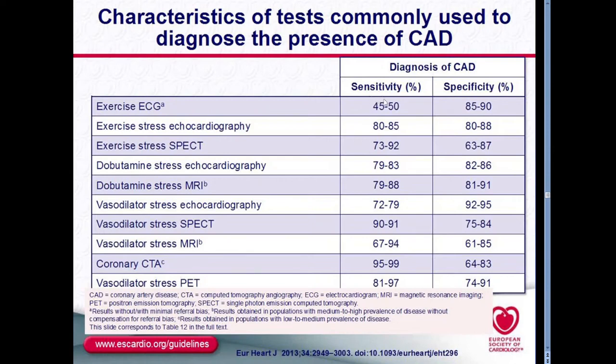It is the ability of the method to reveal some particular problem, like here, the myocardial ischemia. And what is the specificity? It means the ability of the method not to find a problem when the problem really does not exist.